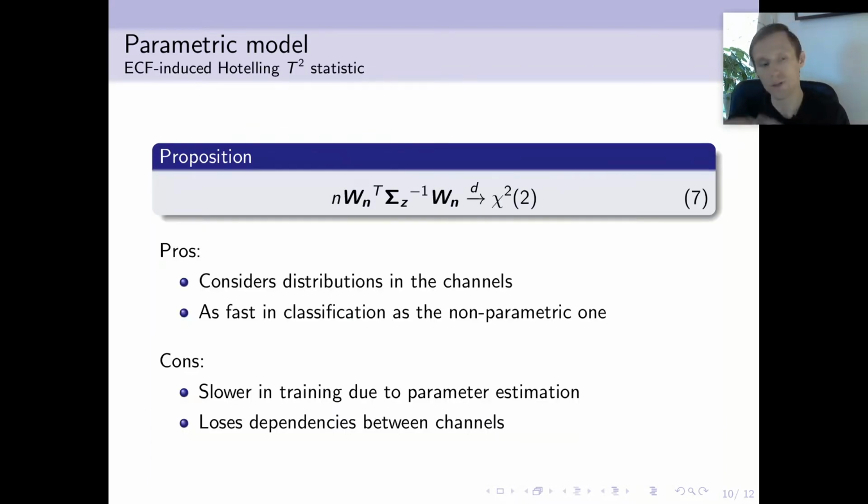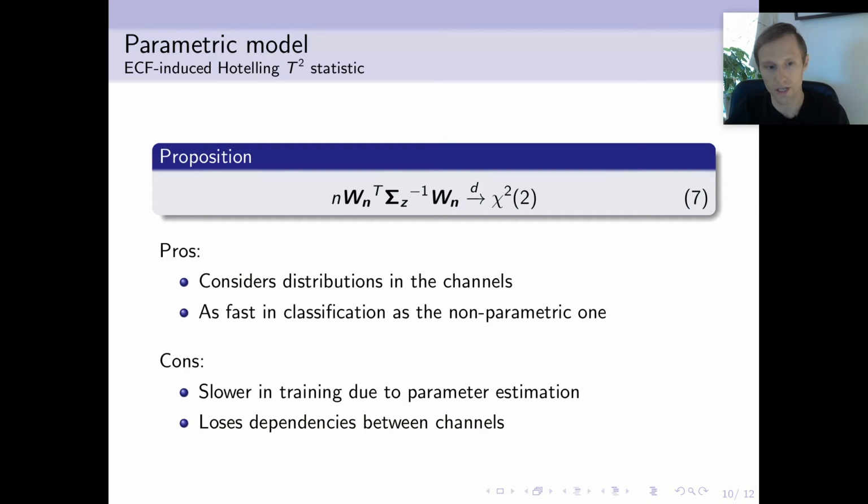We design a new Mahalanobis distance and a new Hotelling T-square statistic as shown here on the left-hand side. So this is our new T-square statistic. Using the previous proposition in theorem 1, we can show that this converges in distribution to a chi-square distributed random variable. This result is used in a similar way to what we saw in the non-parametric case.